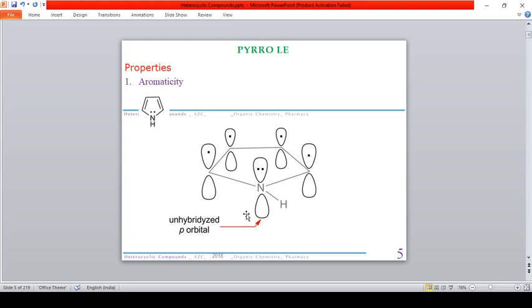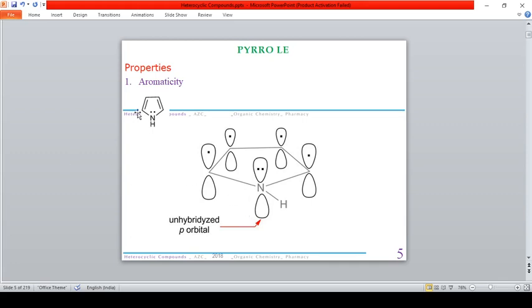Alright, so the properties of pyrrole will be the first thing that we study. It has 3 basic properties. It shows aromaticity, it shows tautomerization, and it shows hydrogen bonding. For aromaticity, it should fulfill the condition of Huckel's rule. What Huckel's rule says is that it should have 4n plus 2 pi electrons.